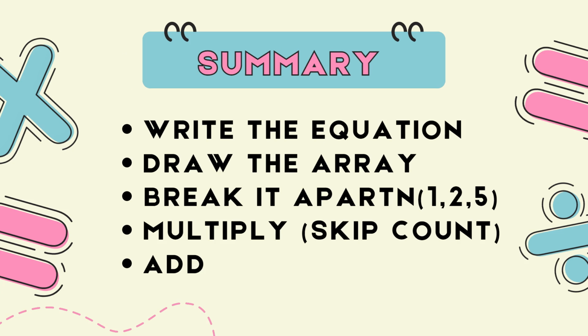Step 3, break it apart. You can only break it in groups of 1s, 2s, or 5s because those are the multiplication facts that we are comfortable with. Then multiply. Then add. And we have our number.